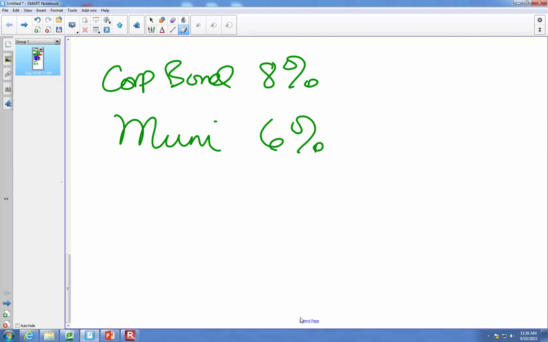So you have to convert them both to an after-tax yield. So that's what we're doing here. In order to compare these two bonds to each other, we have to get both of these percentages after tax. Then we can say, okay, which is going to be more beneficial to me.